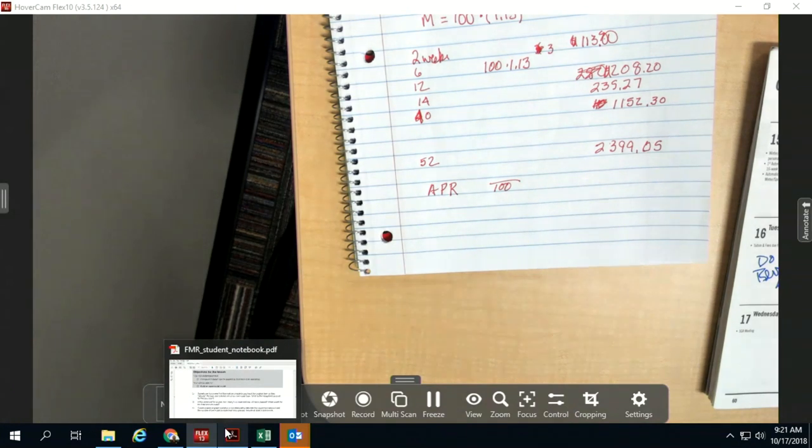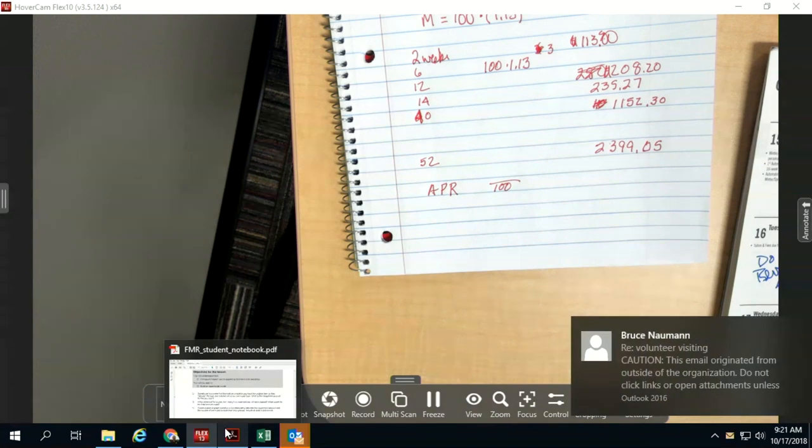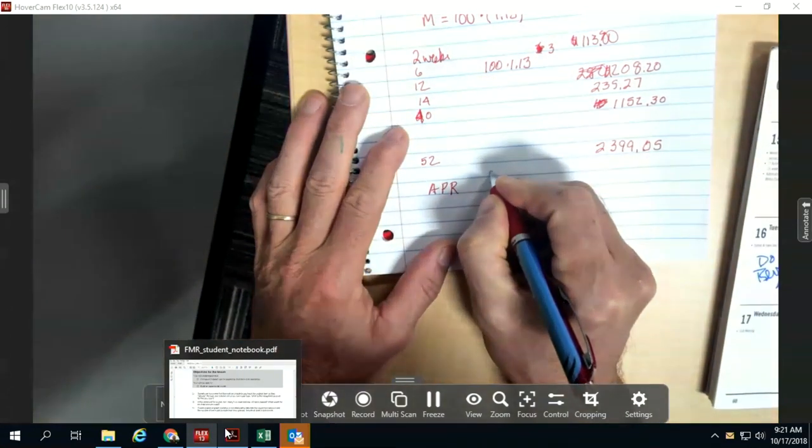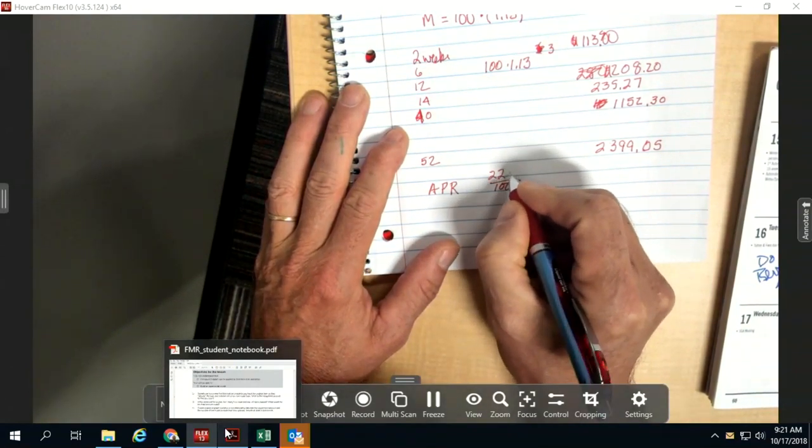Does everybody agree you started with $100? How much interest do you have to pay over the course of the year? Well, the interest is everything that you pay back except for the $100, right? So how much interest do you have to pay back? $2,299.05.